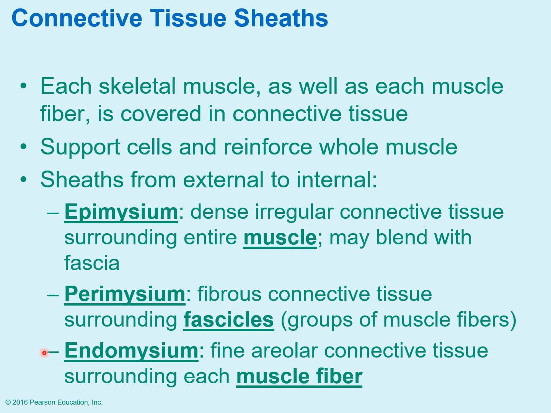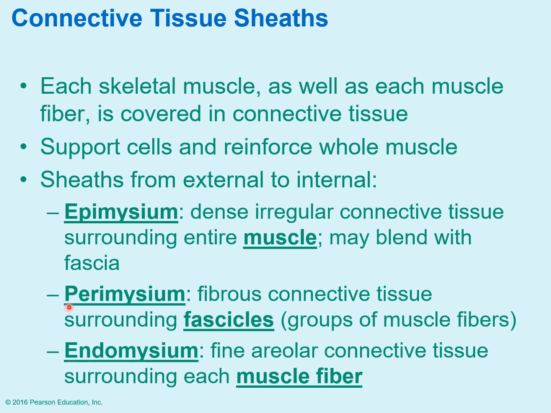The endomysium is this connective sheath that's surrounding each individual muscle fiber. Remember, that's a muscle cell. Then you group all of those muscle fibers together, and you put a connective tissue wrap, if you will, or a sheath around it, and that would be the perimysium.